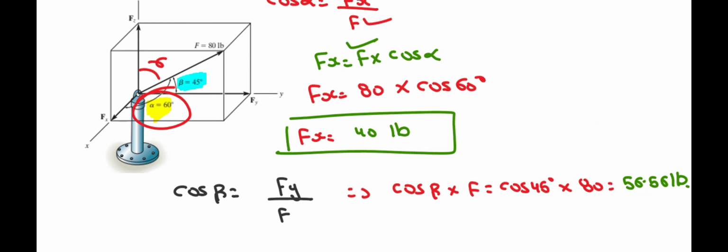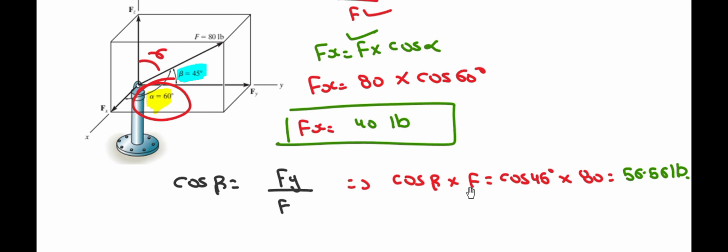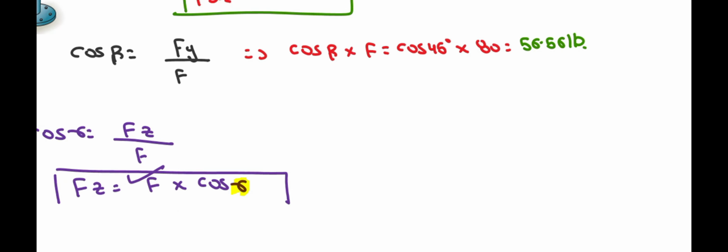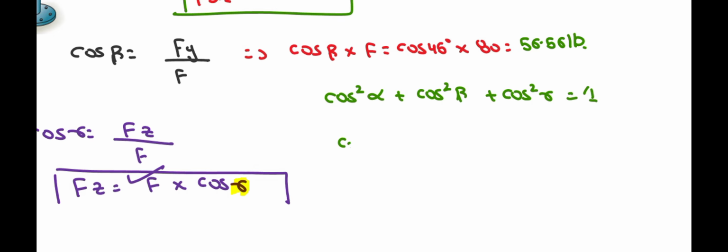So we use the formula cos square alpha plus cos square beta plus cos square gamma equals 1. So cos square gamma equals 1 minus cos square alpha minus cos square beta.